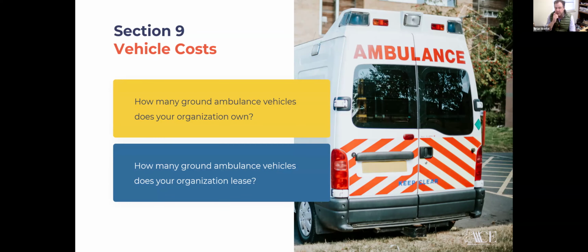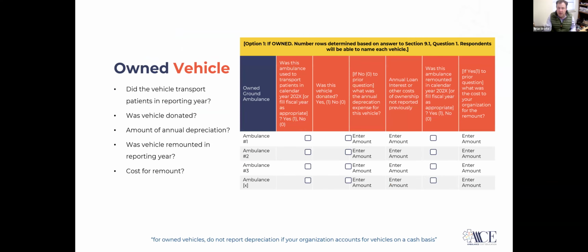So there's a couple of straightforward questions. How many ground ambulance vehicles? So this is an ambulance as defined under state law. Do you own? And then it will ask you again about how many ground ambulance vehicles do you lease? And then it will ask you to name each of the ambulances. So there are two ways that you can create this list.